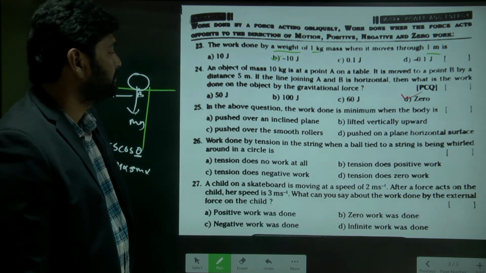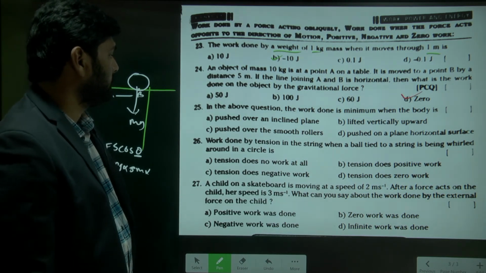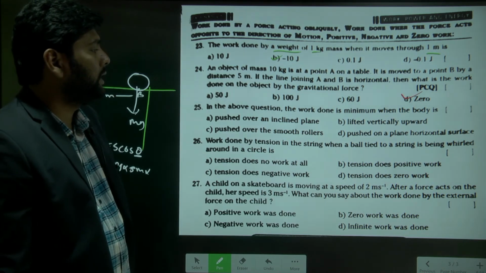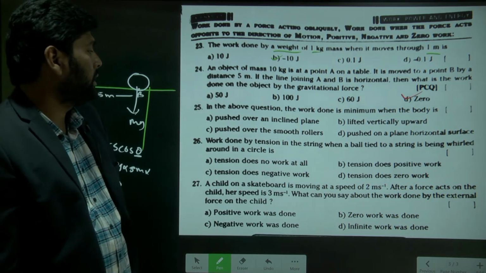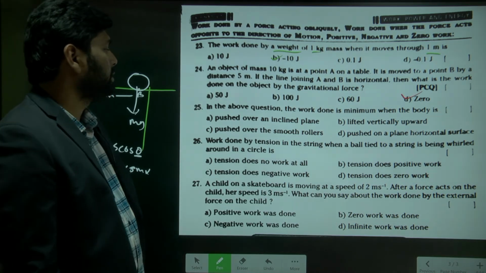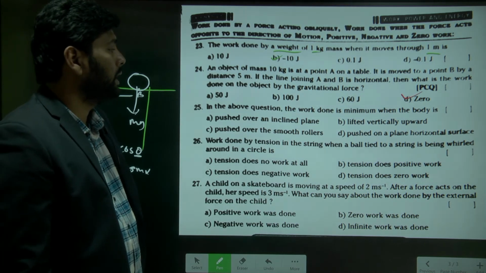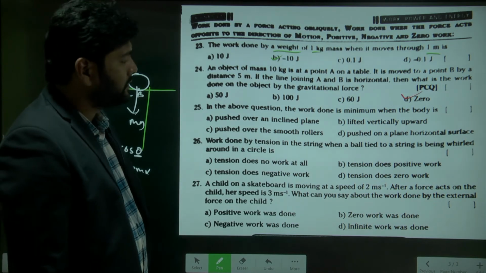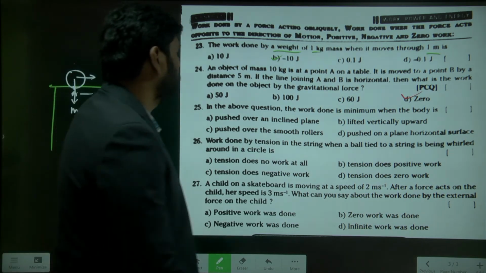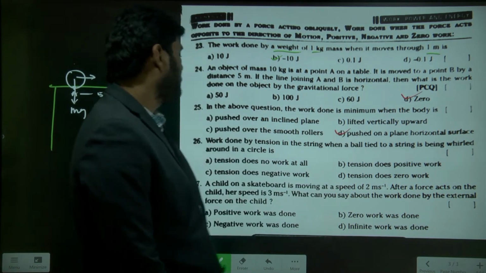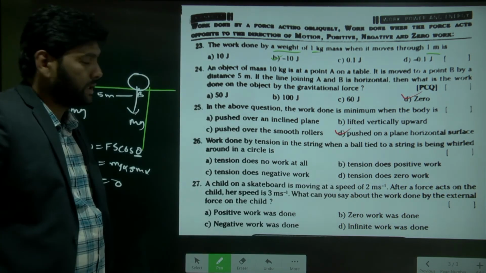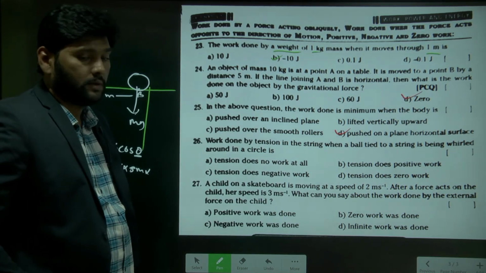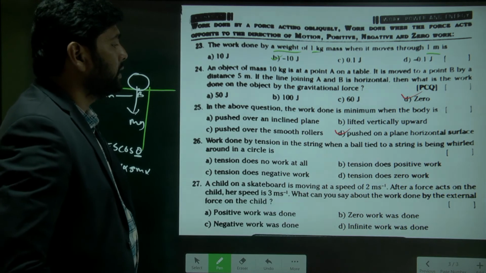Tell me, which one is right? Pushed over a horizontal surface, sir. Yes, this is right.